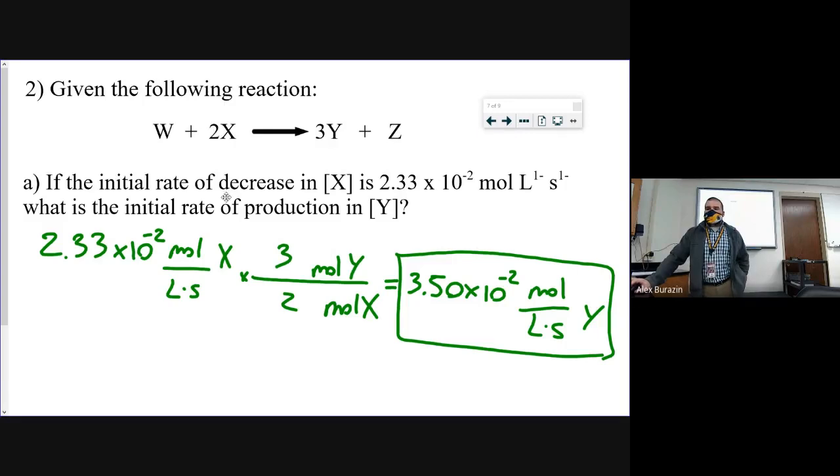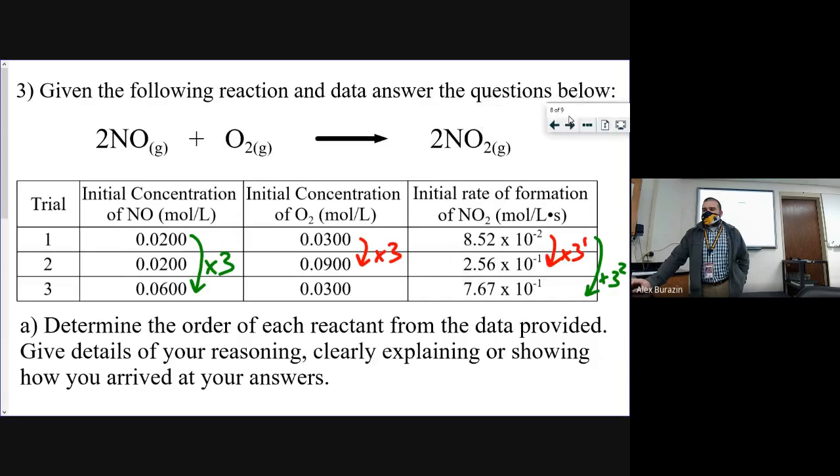So in this example, if I know the rate of X is 2.33, I can also figure out the rate of Y, how fast the molarity changes per second, per time. It doesn't have to be seconds, it could be minutes. This is where we left off, and then we got to 2 giant questions.